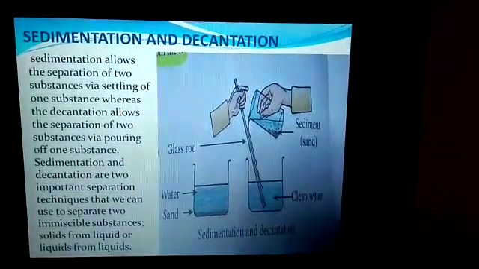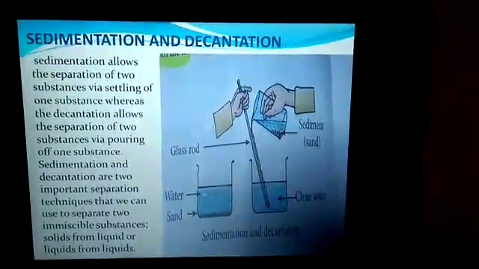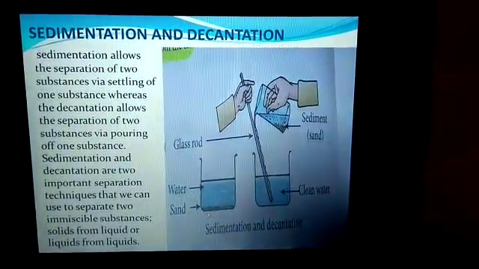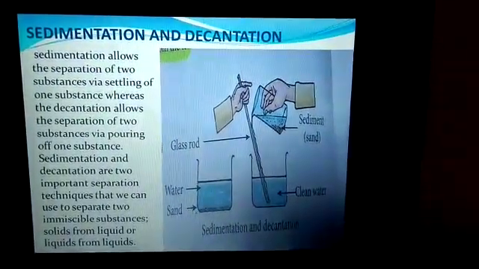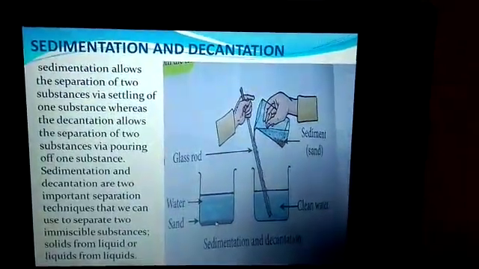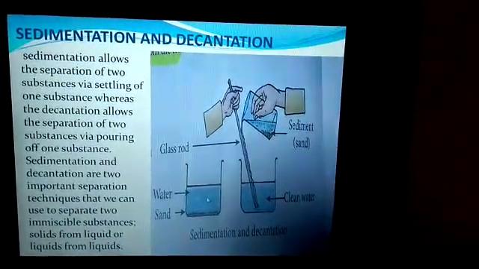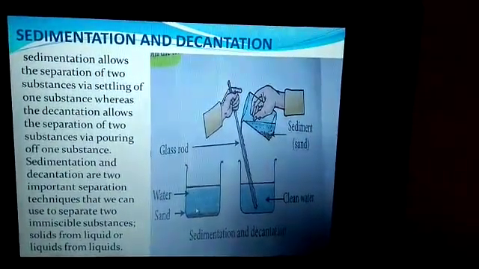As you can see in the picture, the first container contains water and sand, and you know sand settles down in the container, meaning it cannot be dissolved in water. So let the solution settle first.